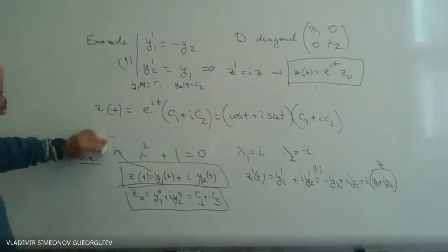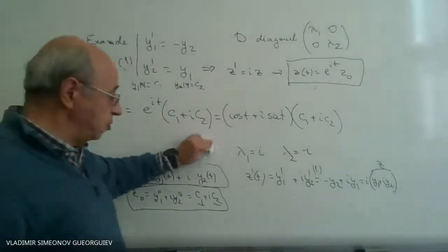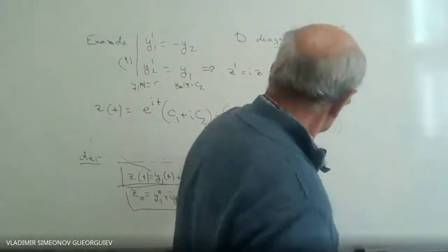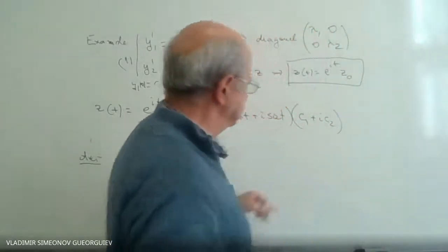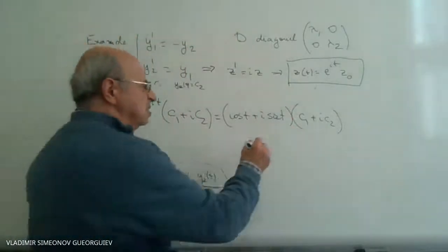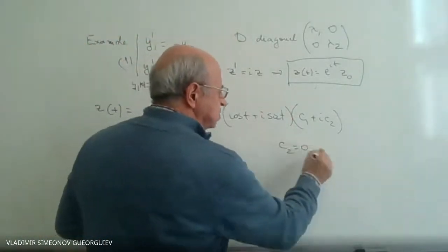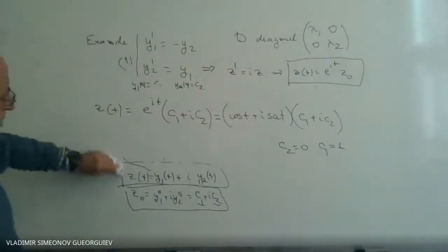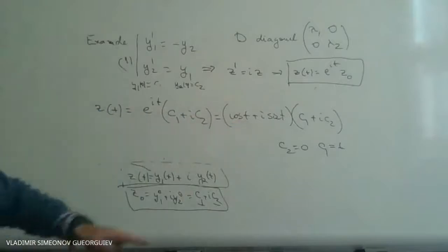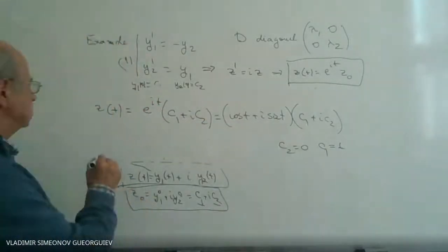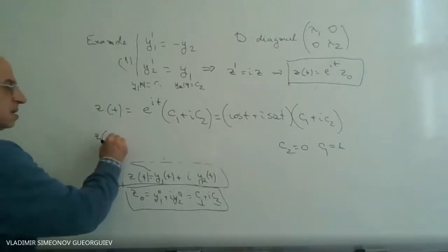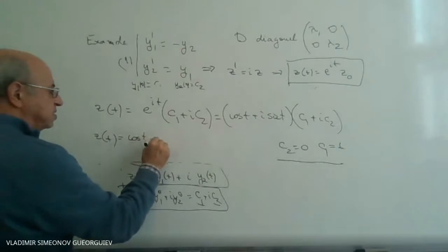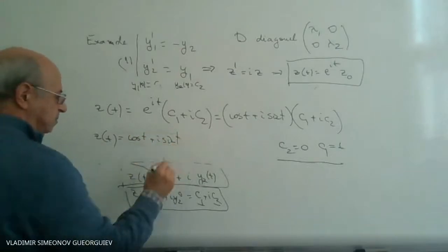From this, I think this example we shall finish tomorrow. And we shall find, for example, one simple thing to simplify everything. Let us put C2 equals 0, C1 equals 1. What shall we get? In this case, this is 1. Zeta(t), for this case, is cos t plus I sine t.